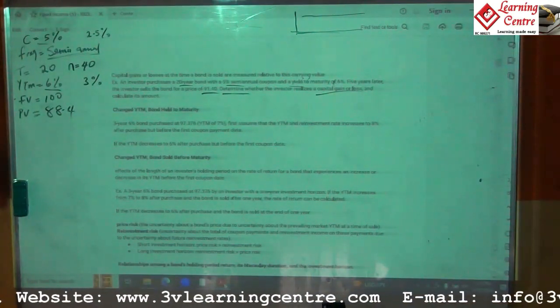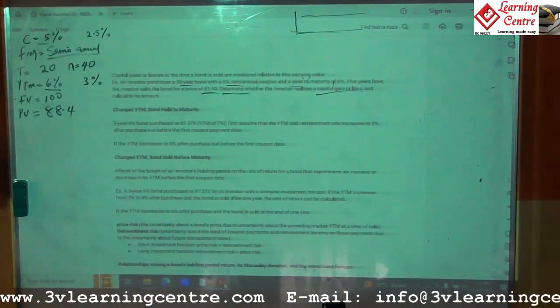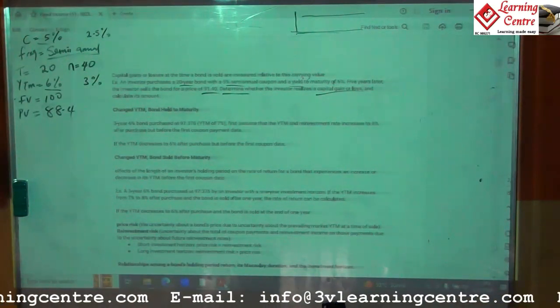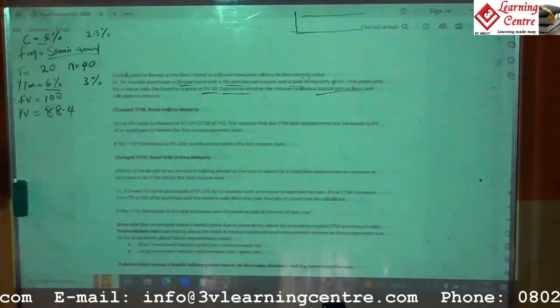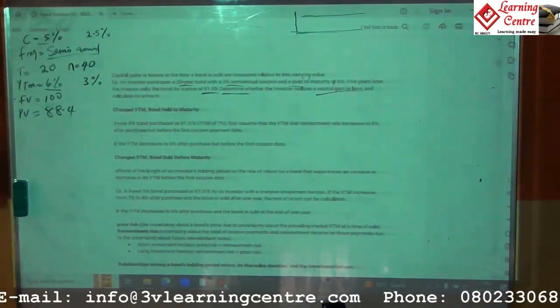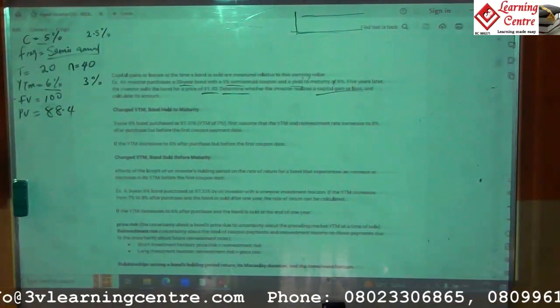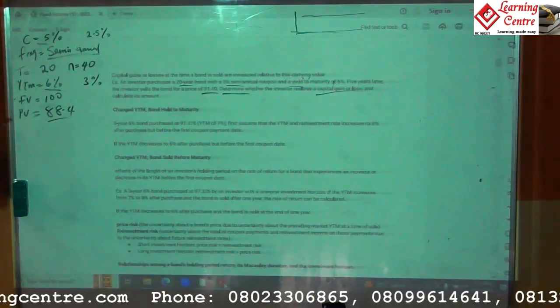The logic is still that instead of paying them 40 times, we pay them the equivalent. So it is 0.4. That's the price we pay for the bond today.